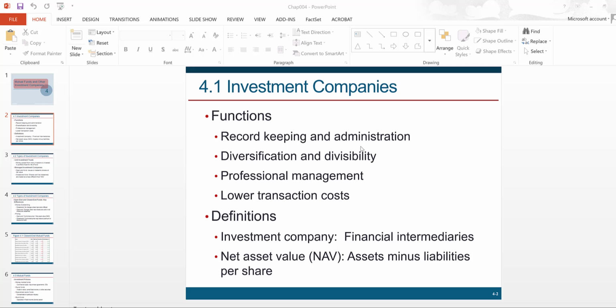They of course manage your records, send you tax forms, dividend forms, things like that. So that part is also taken care of.